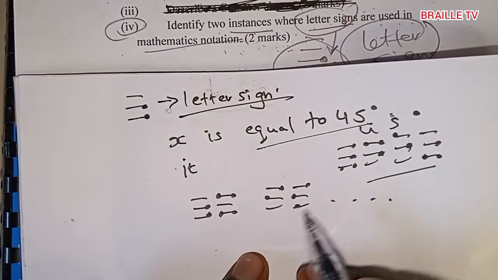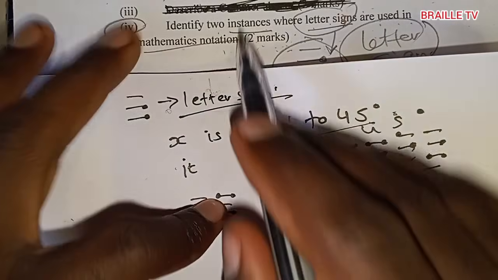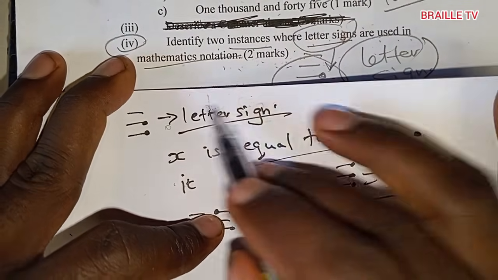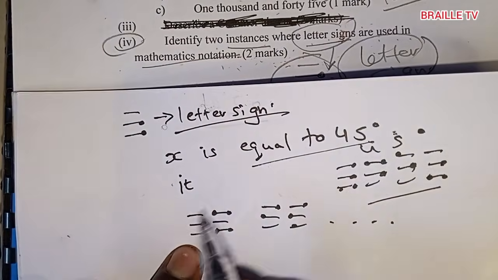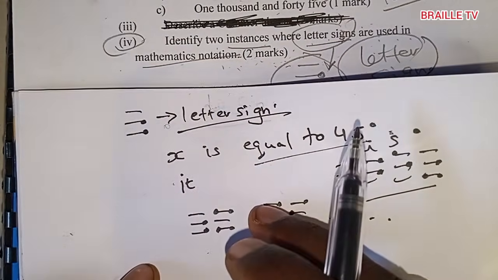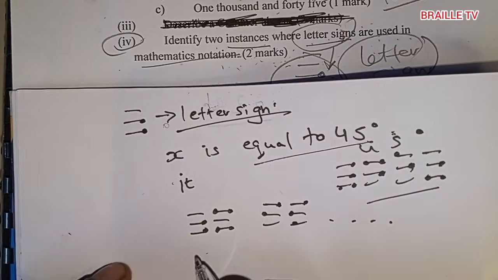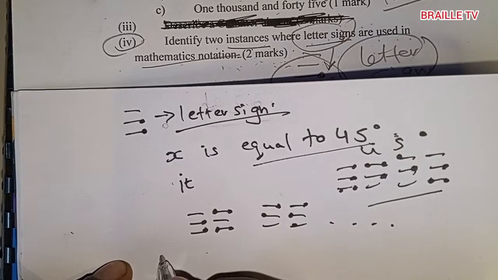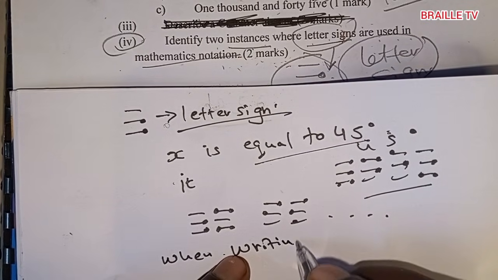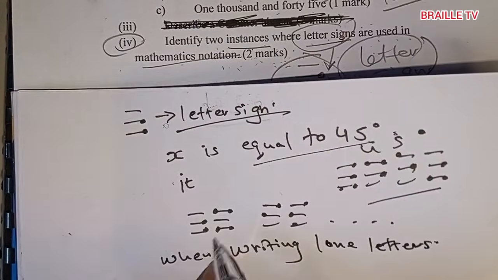Now, listen, we are looking at places to identify two instances where letter signs are used or must be used in mathematical notation. So number one, or the first answer, is when showing or when writing long letters. So the first answer you should write is when writing long letters. Long letters are like this.